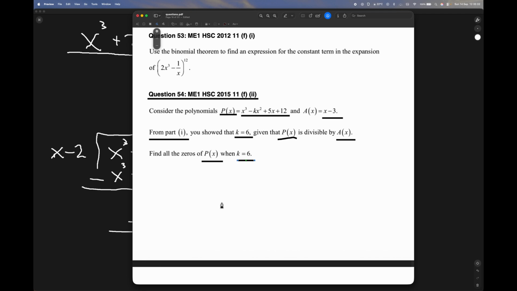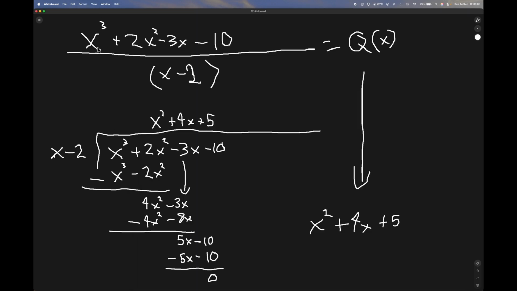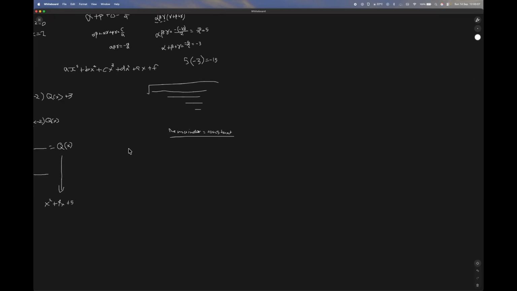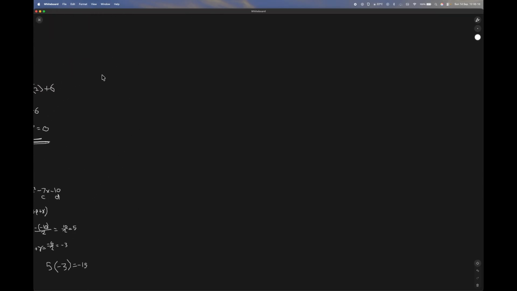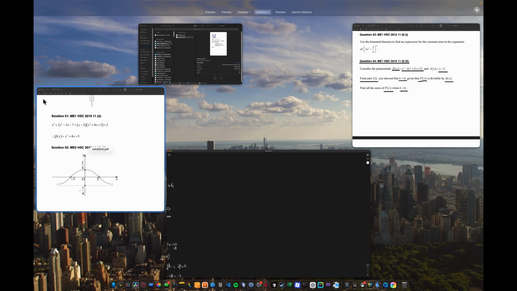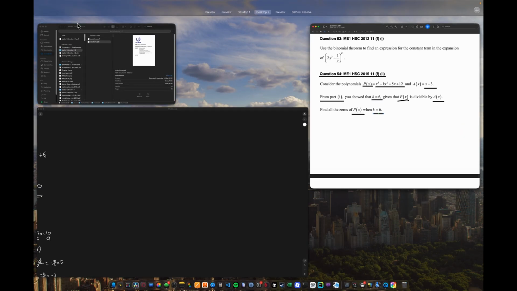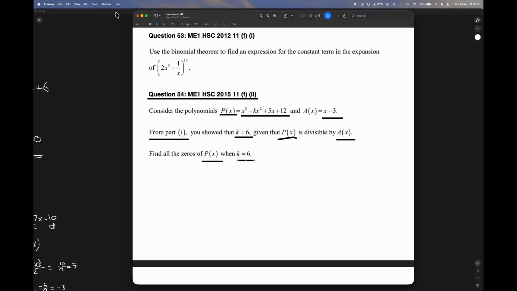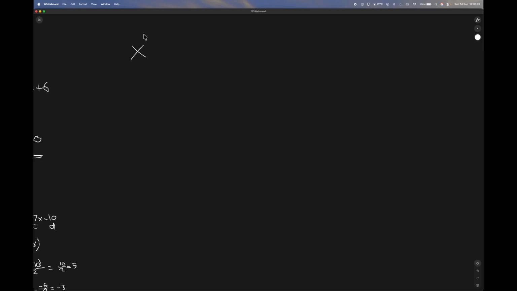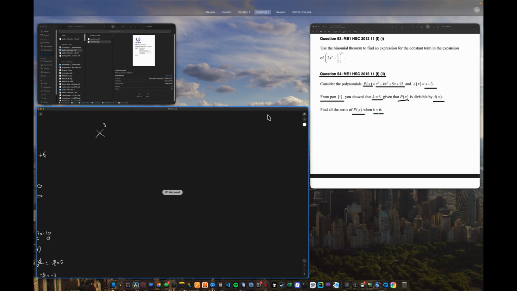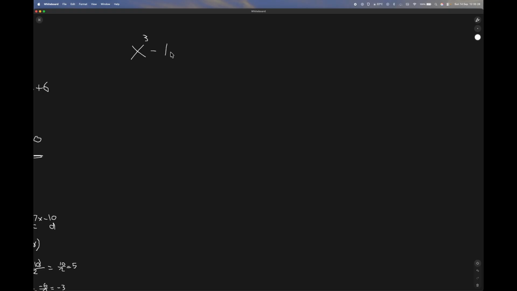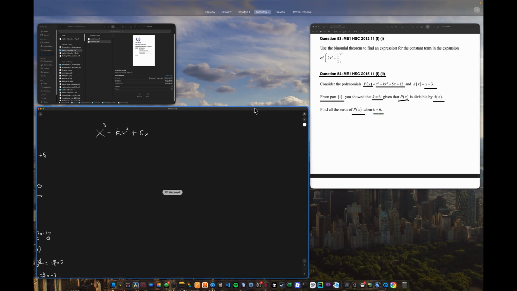So, we are going to need to do, let's head back to here. There's a good amount of space. Let's go right here. Okay, so our polynomial is x to the 3 minus kx squared plus 5x plus 12.